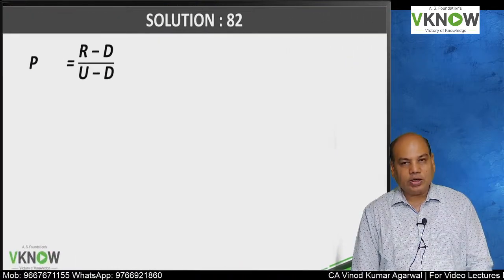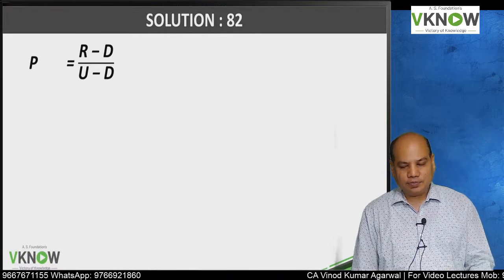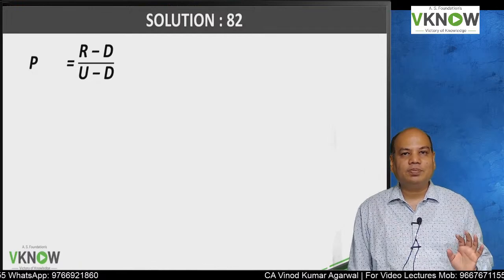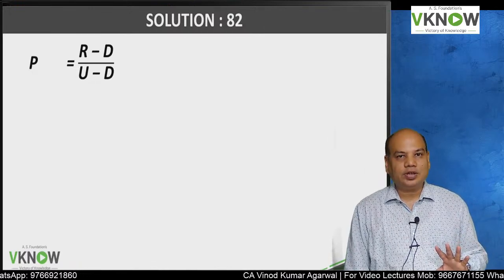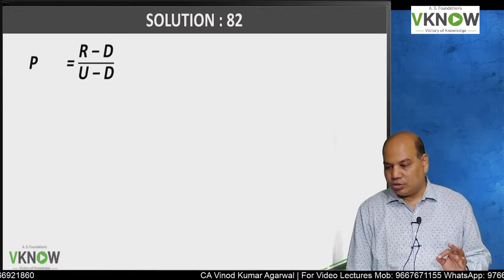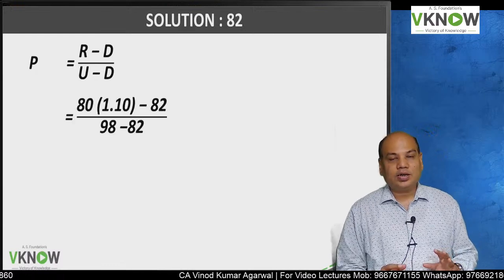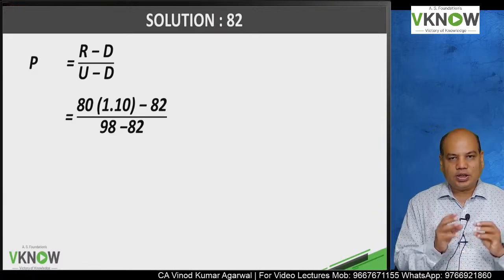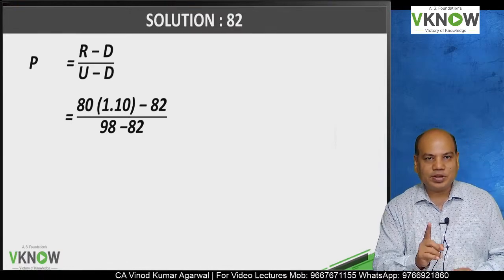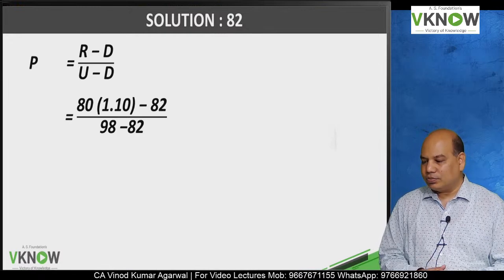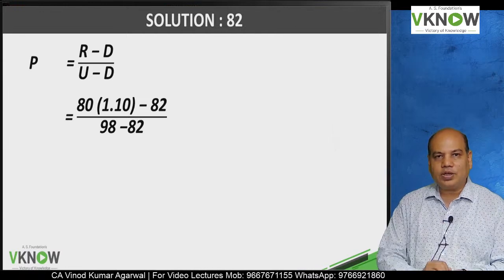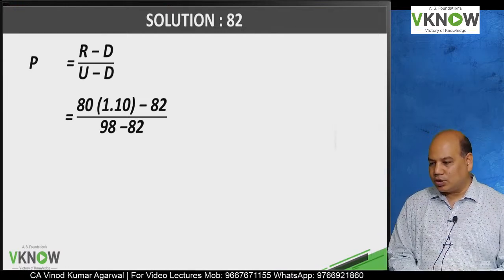Write down probability P equal to the probability of rise in the price: (R minus D) upon (U minus D). What is R here? R means 80 rupees today invested for 1 year at 10%, so 80 into 1.10.